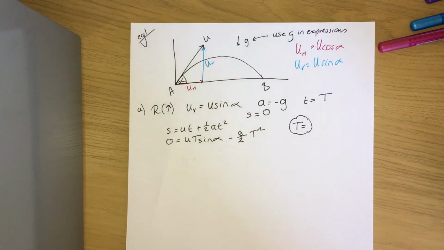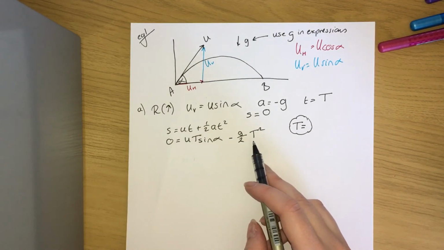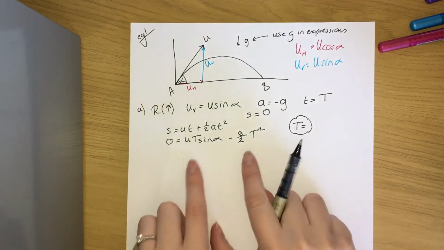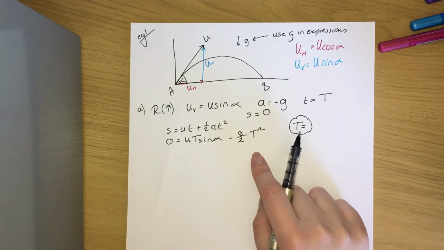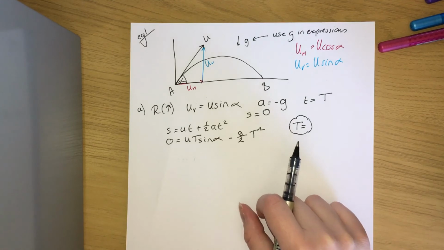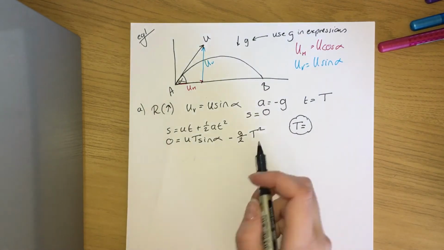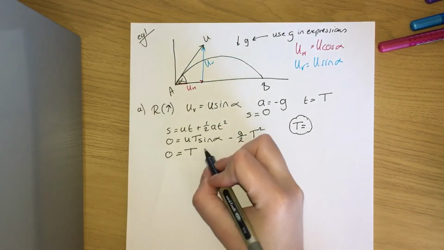Now I've got t in two parts here, but I've also got a square. So I'm not going to be able to rearrange very easily to make t equals. In a case like this, my instinct should be to factorise it. It means that you might have two expressions, but actually in this case it doesn't. The only common factor to all of this is t.